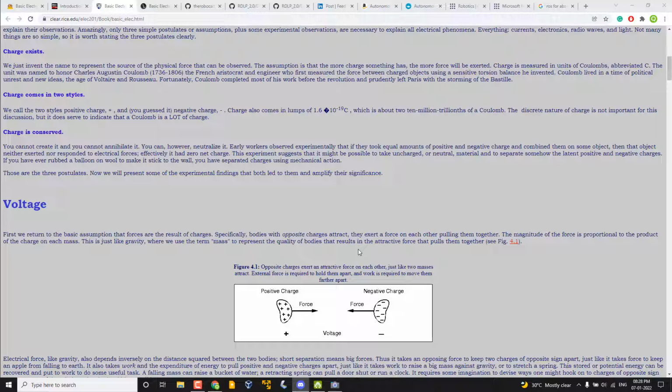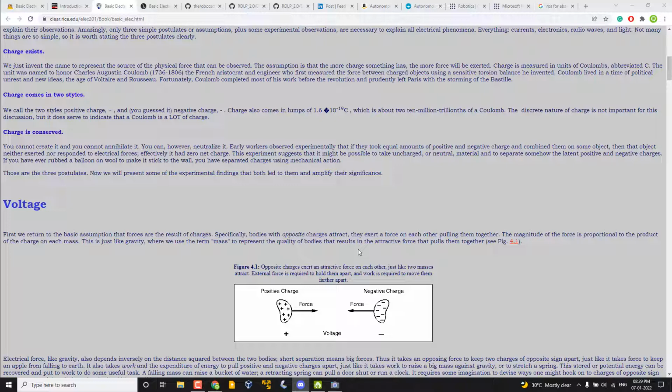So if there is a group of charge, there will be a force of attraction. This difference between the positive and negative is called the voltage. It's actually a force. Whenever the positive goes to negative, it will neutralize. So the voltage is actually the force that positive and negative charges have in order to attract.